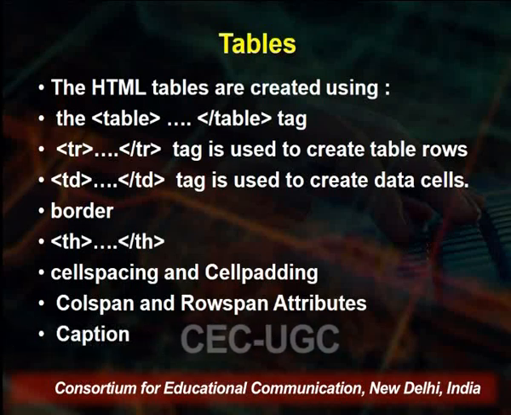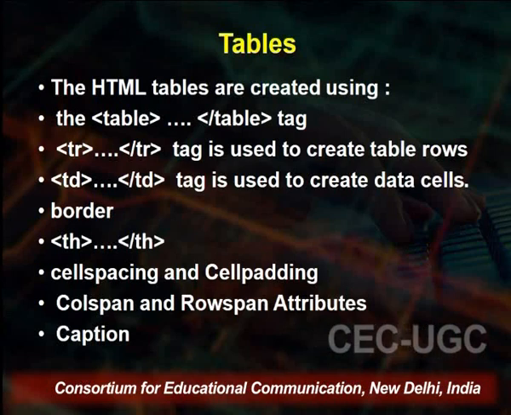Then most tables always require a caption or a heading to specify what the table talks about. Say for example, if it is a payroll for the month of February, the caption of the table will be payroll for the month of February 2024, or if it is a mark sheet, you need to give a caption on the table.